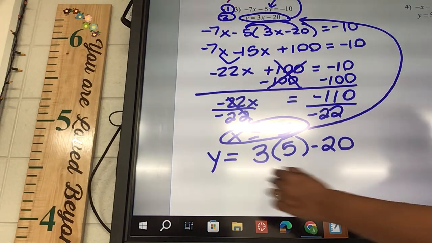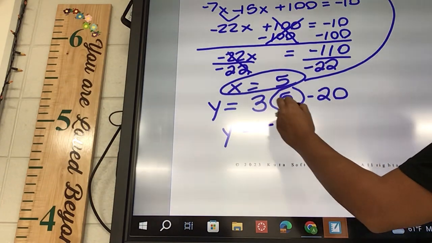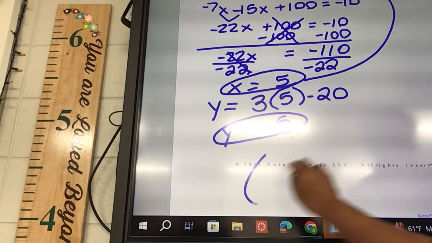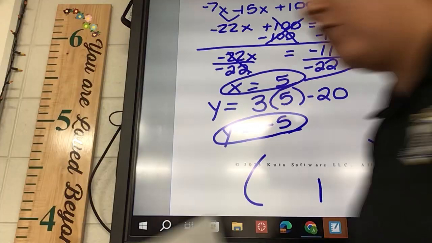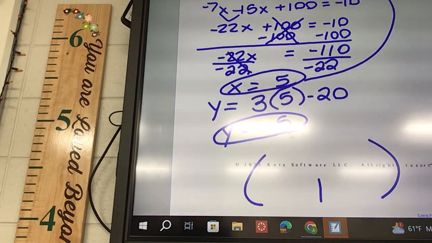What do you guys get? Negative 5. Then we need to write that as a coordinate, and what comes first, the x or the y? The x, so it's going to look like 5 comma negative 5.